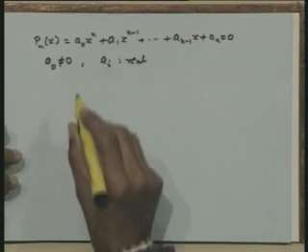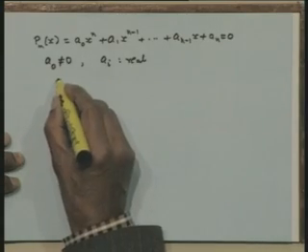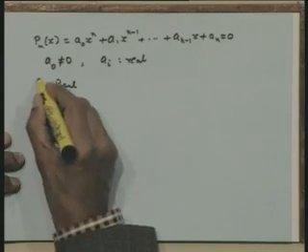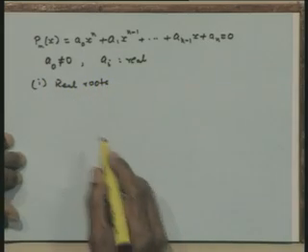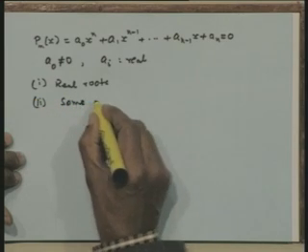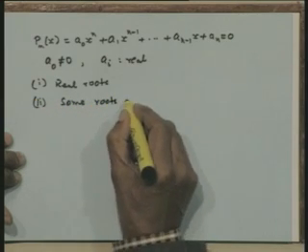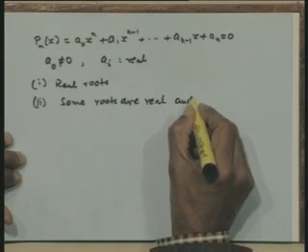Now obviously the roots of this equation may all be real. So that is one possibility: it has all real roots. Or we may have some roots real and the remaining complex.